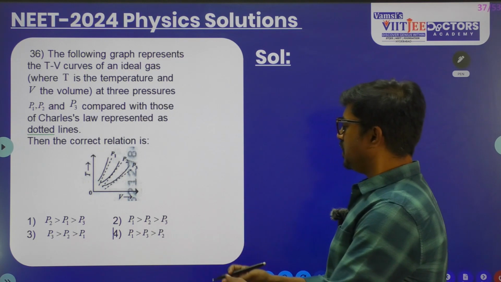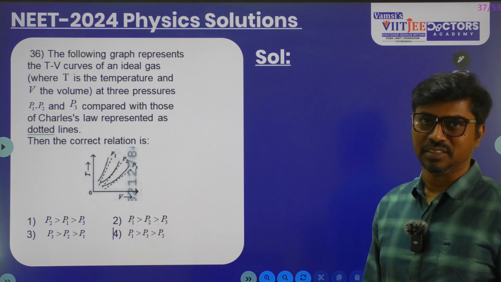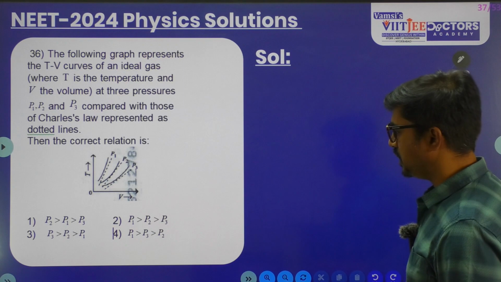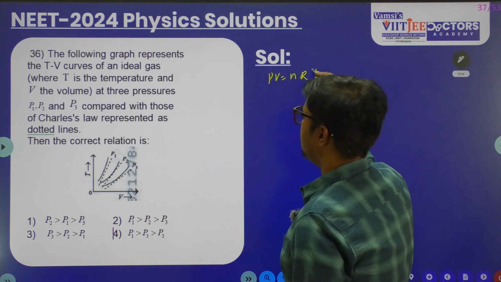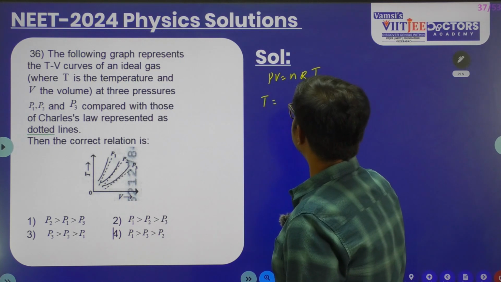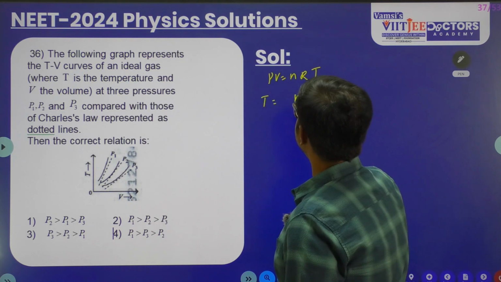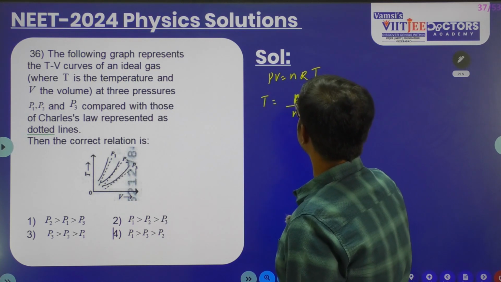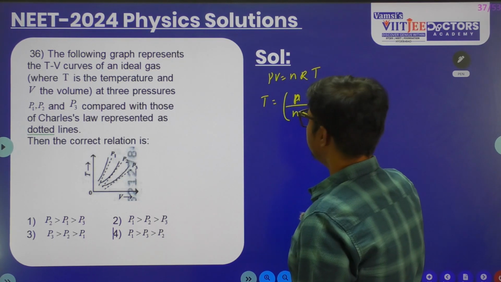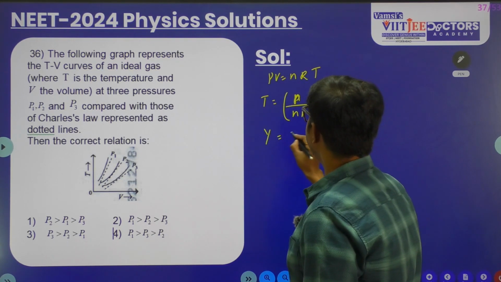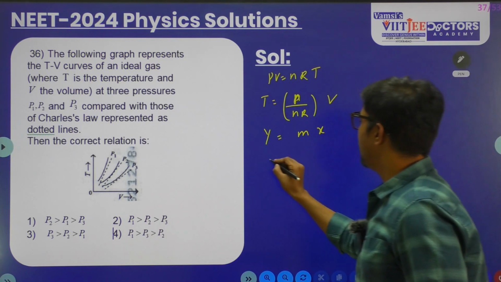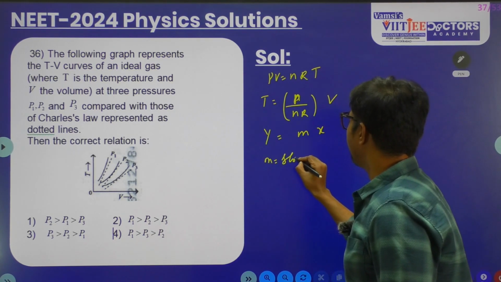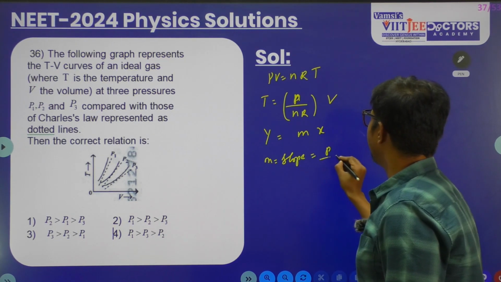As it is, you have P1 greater than P2 greater than P3. And the table only, then the graph itself they had mentioned. So what do you have? You know that PV equals nRT. I need T. T equals P by nR into V. So y equals mx here, where m, the slope, is going to be P by nR.